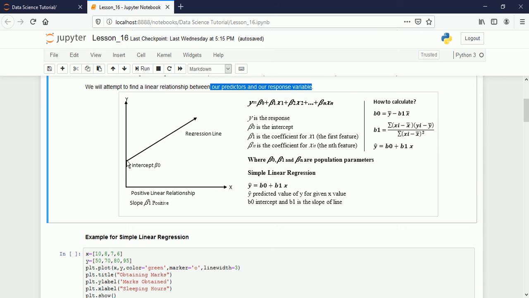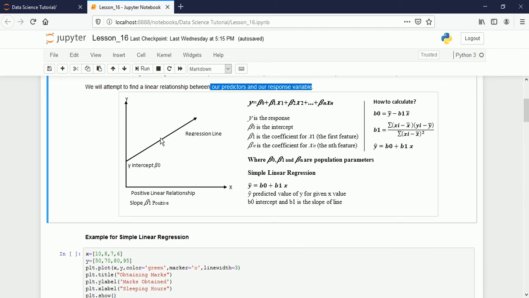For example, here by increasing the value of x, the value of y is also increasing, so this shows there is a positive relationship between the features. Here the distance from this point to 0 is called the y-intercept, and that is indicated by b naught or beta naught.